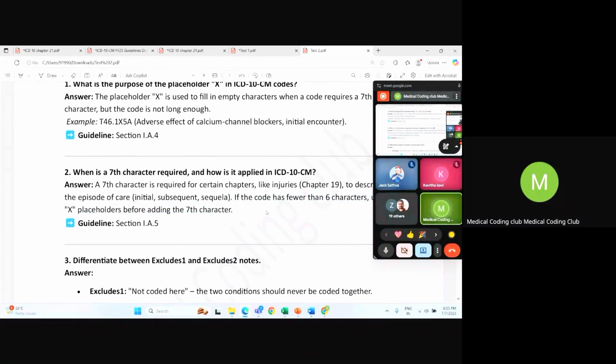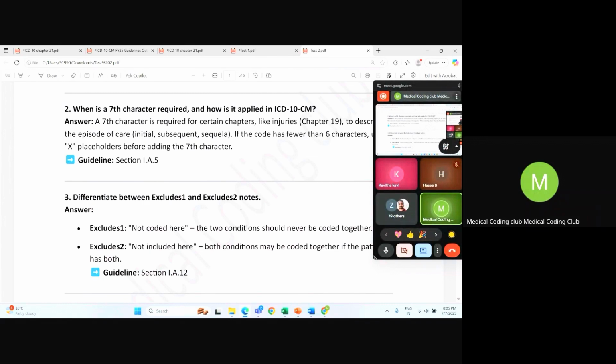Also in the injury chapter, we have seen other characters like B, C, K, M, N, P, Q, R. All those refer to injury, whether it is a malunion or non-union. So the 7th character will always give you information.